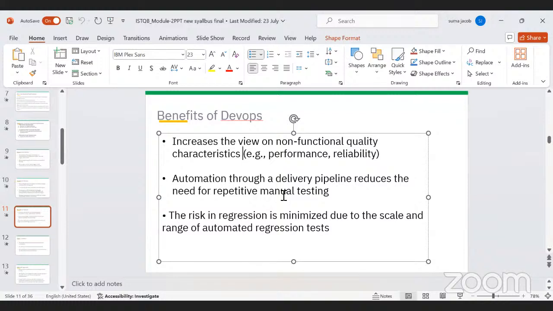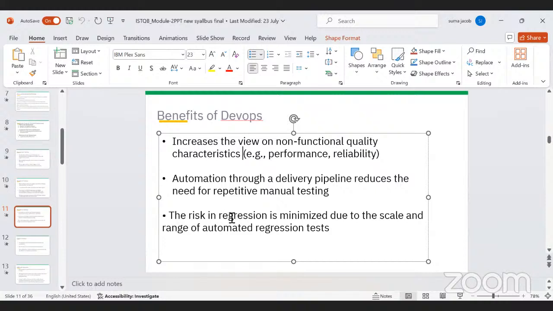It is not possible to test all of those manually. So by implementing automated scripts on the delivery pipeline, the need for repetitive manual testing is reduced a lot.